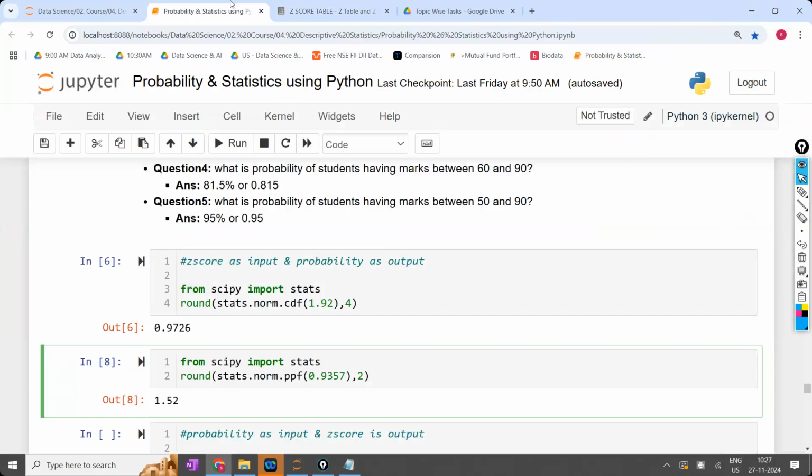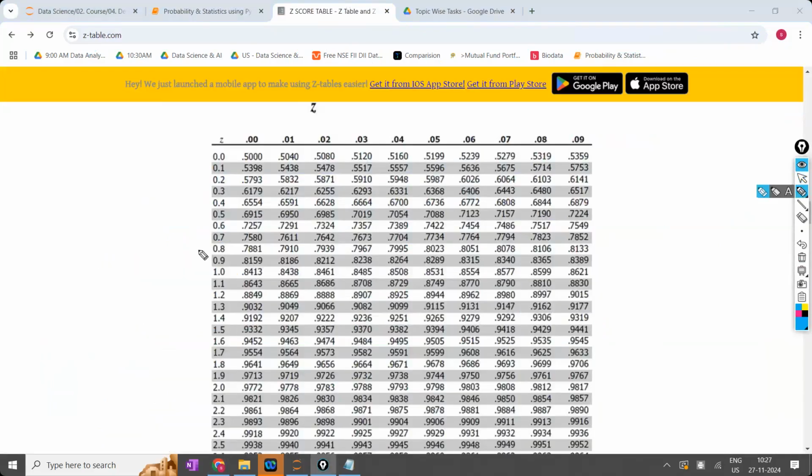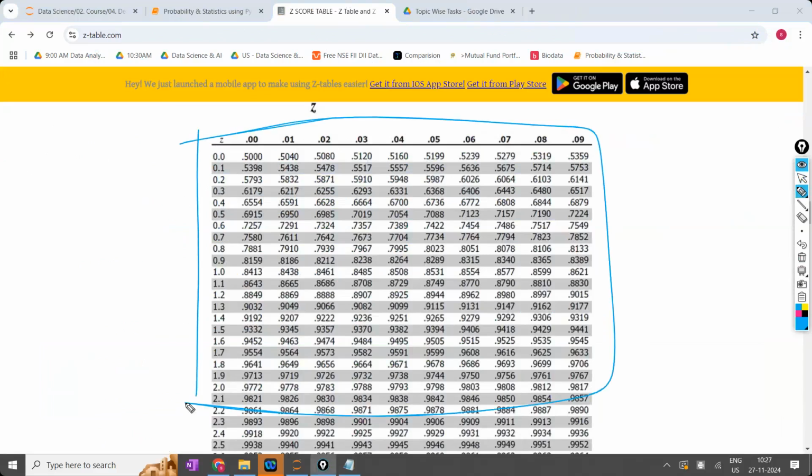In the TCS exam, whether they will provide the Z table or internet or nothing, they will give the screenshot of this one. From here to here, they'll take one screenshot and add it in the question only. On your screen, this will also be visible. Only that part they'll take the screenshot and add in the question. Are the points clear?